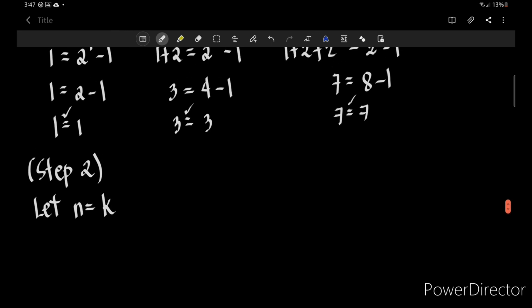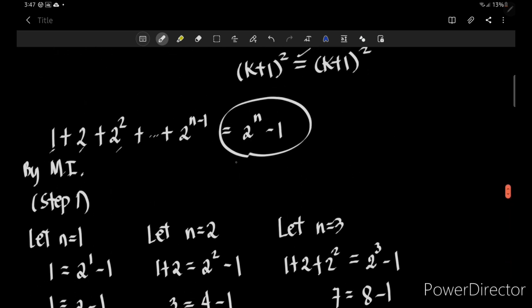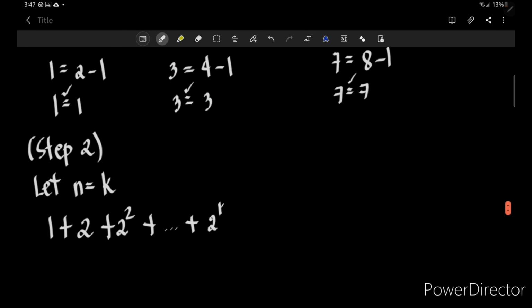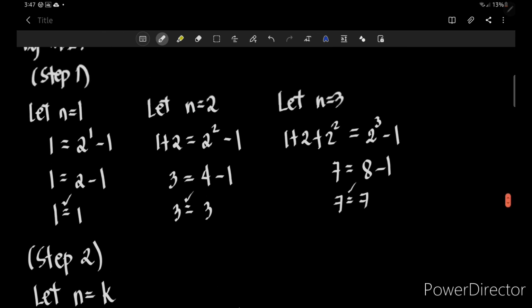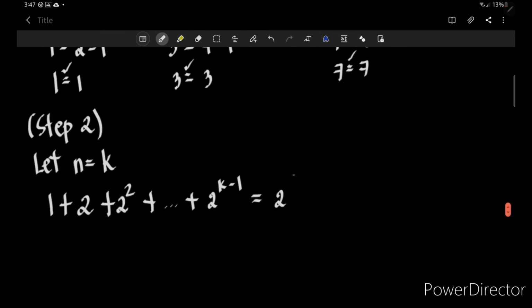So we have 1 plus 2 plus 2 squared plus dot dot dot plus 2 raised to k minus 1, and that is equal to 2 raised to k minus 1.